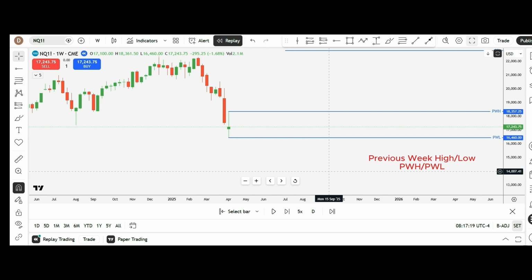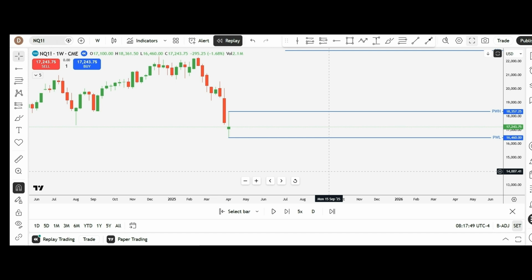We mark these 2 points on the chart, and for the coming week and for the coming days, we will watch if the price wants to reach either side of this range, and we will have to follow and understand what is the reaction of the price to these 2 levels. So previous week high, previous week low, previous day high and previous day low.